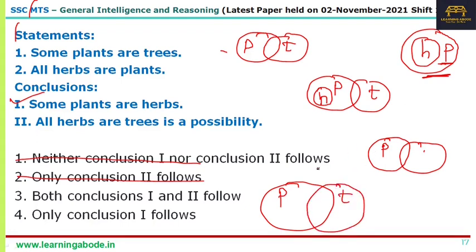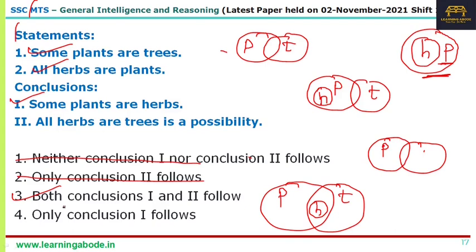Now all herbs are plants, you can also draw it like this. According to this diagram, all herbs are plants, so I'm satisfying statement 1 as well as statement 2. So it is possible that in one of the cases all herbs are trees. So that's answer option 3.